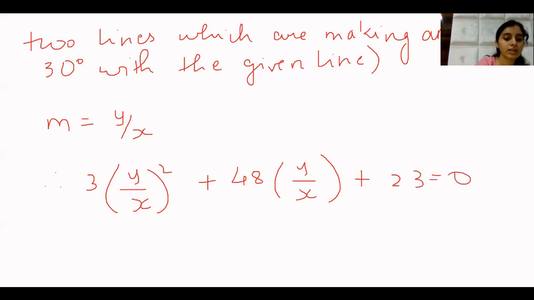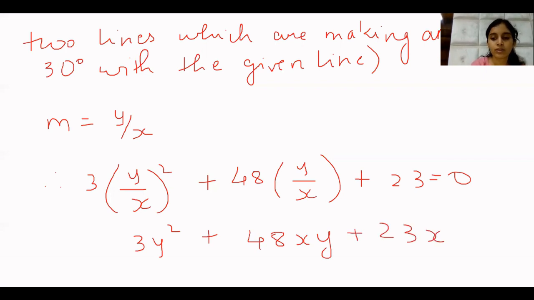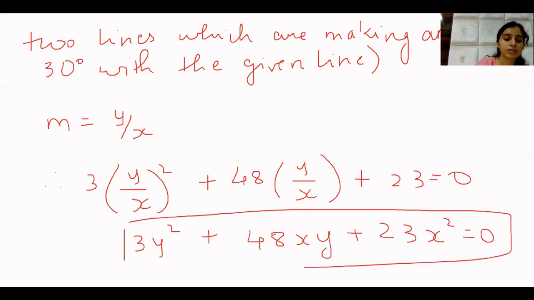Taking LCM, we get 3y square plus 48xy plus 23x square equal to 0. This is of the type ax square plus 2hxy plus by square equal to 0. Hence, it has given us the combined equation. We did not have to find two separate equations to get the combined equation.